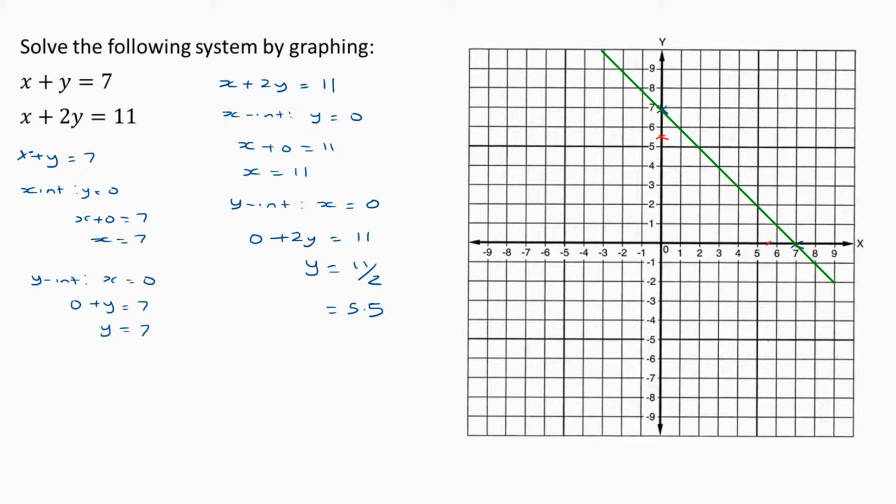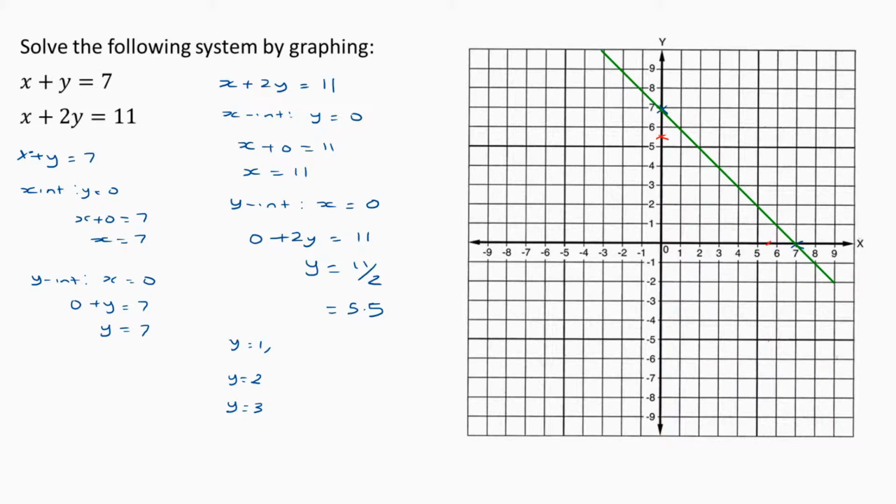Let's look for the value of x when y is, let's try y equal to 1, y equal to 2, y equal to 3, and see what we get for the value of x.